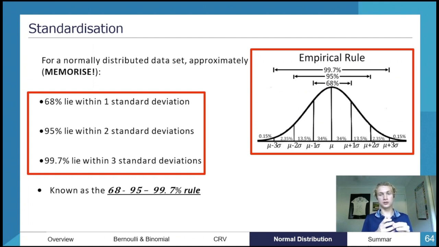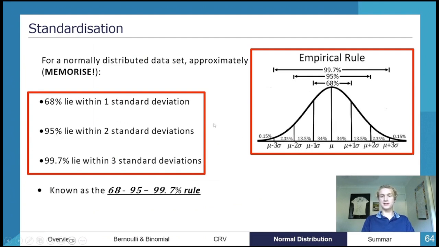One standard deviation means either side of the mean, our little S symbol, really. Within that one standard deviation, that area is going to be 0.68. So you can write 0.68 on this graph.